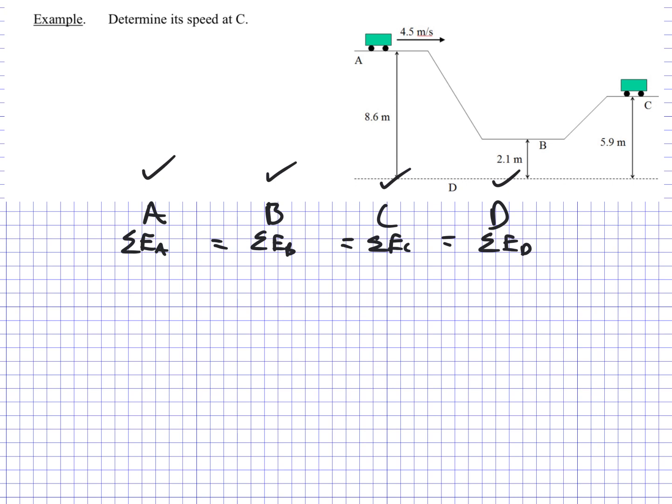Well, at position A, we have kinetic energy and gravitational potential energy.